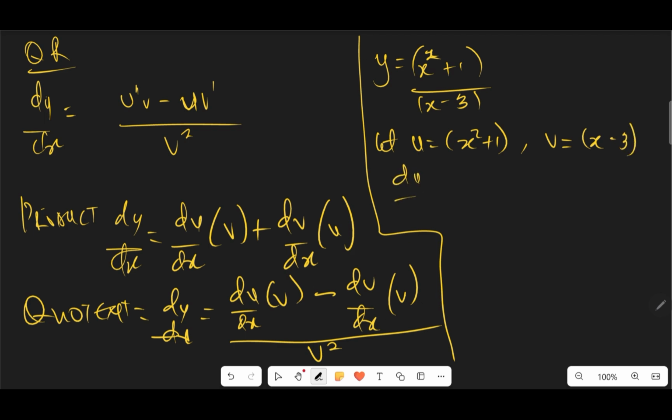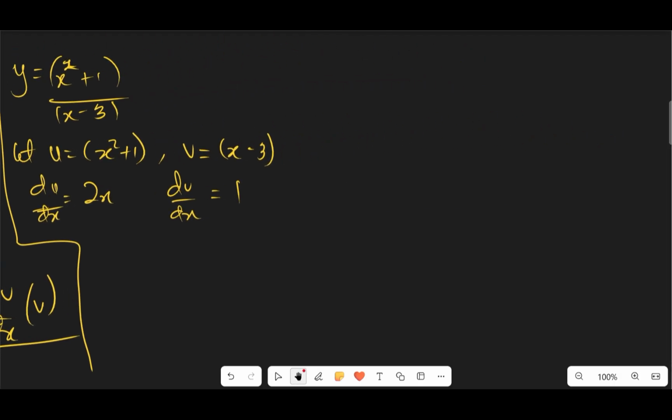So we find du over dx and that gives 2x. Then dv over dx gives 1. So we are getting 1 for differentiating x and 2x for du dx. Now from there, we will use the formula and mount it on it.